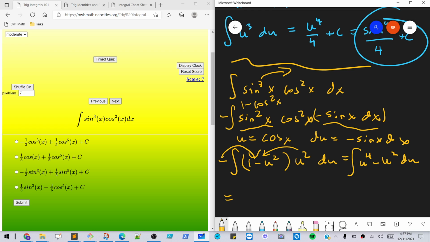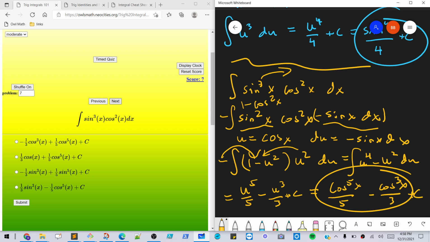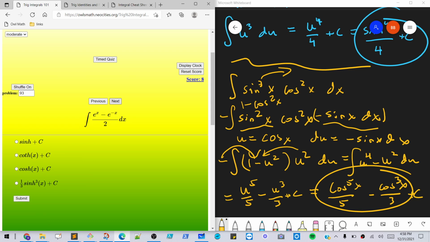Integrating that, we get u to the 5th over 5 minus u to the 3rd over 3 plus c. Then we substitute back, and we have cos to the 5th x over 5 minus cos to the 3rd x over 3 plus c. And we're done. Let me check it. That's just in a different order, but that's the same thing. Okay, good. That's 8 complete.